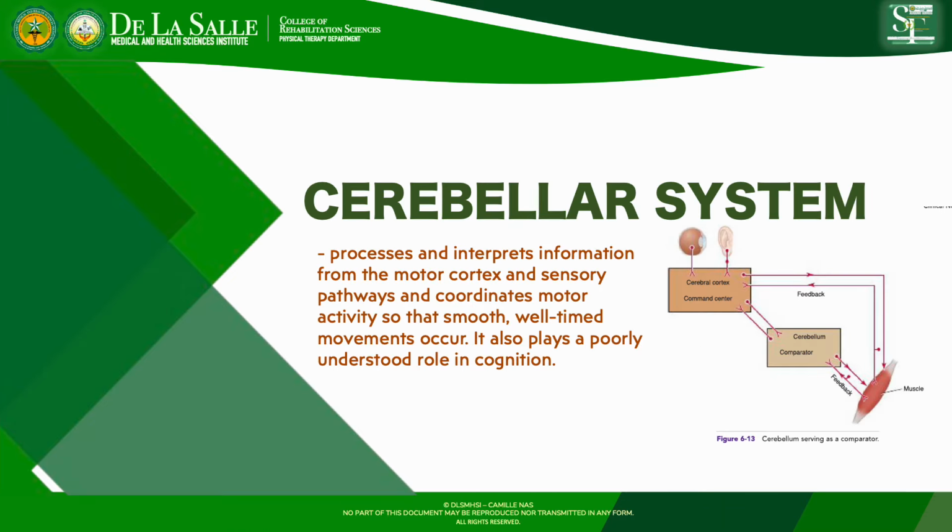For the last part of our motor system, we'll also discuss the cerebellum. The cerebellum is also known as the small brain because it looks like a brain just underneath the cerebral cortex.